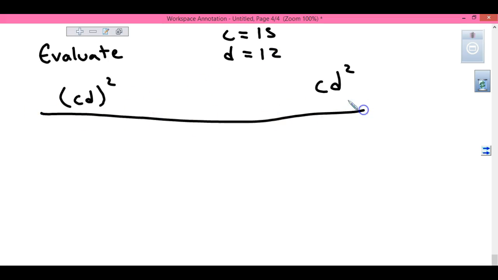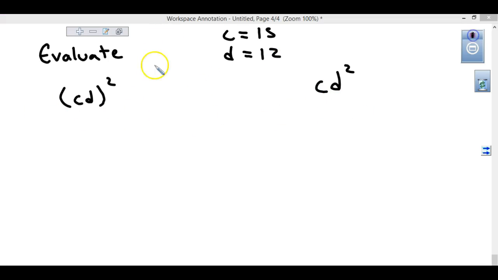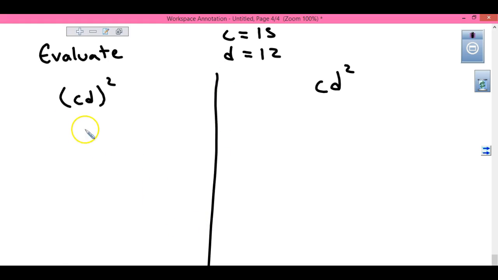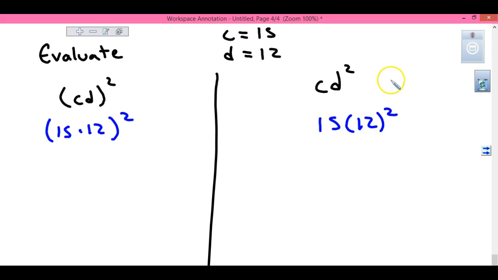These are two separate problems. So what would we do here? So in this one we multiply 15 by 12 and then we square it. Whereas over here, 15, we only square D, right?